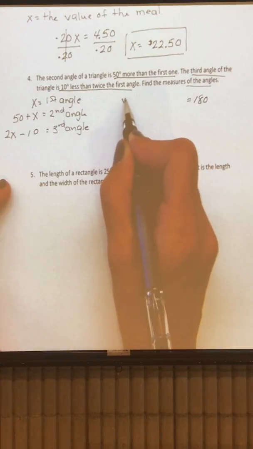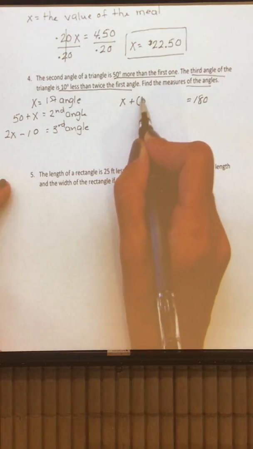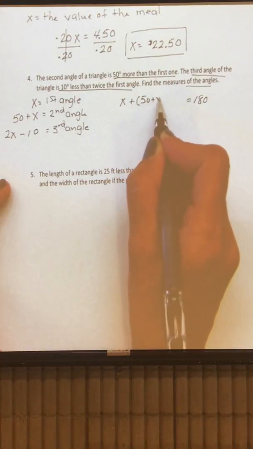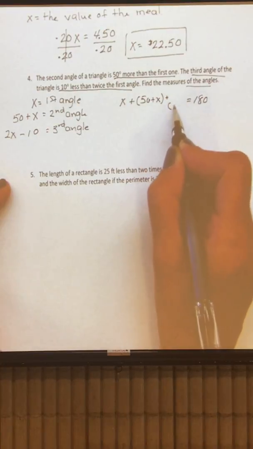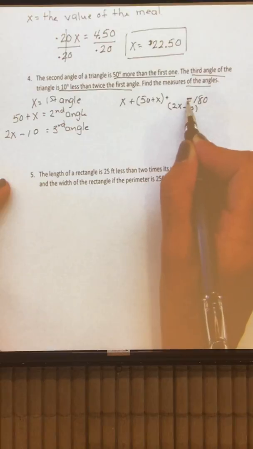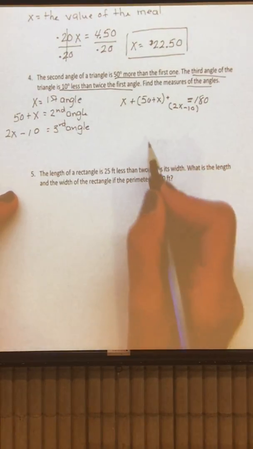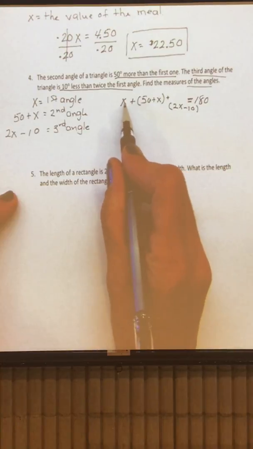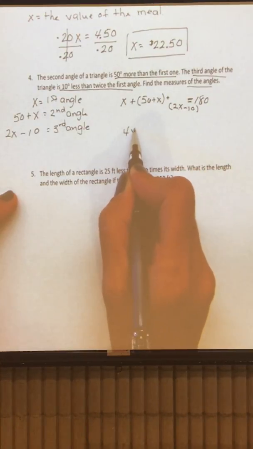Therefore, we have angle 1 plus angle 2 plus angle 3, 2x minus 10 is equal to 180. Combining like terms, we have x plus x plus 2x, which is 4x.